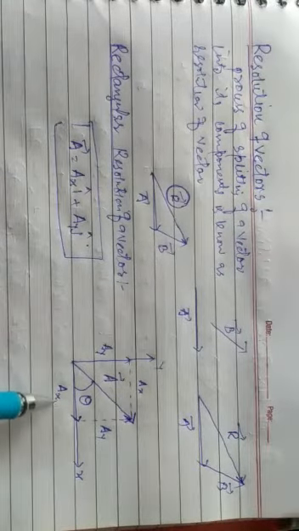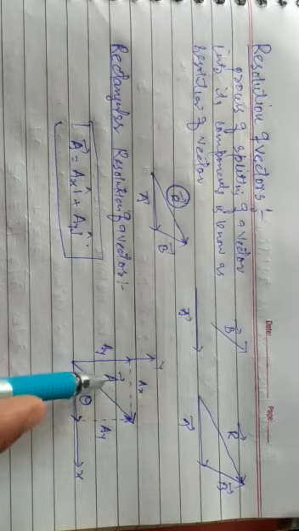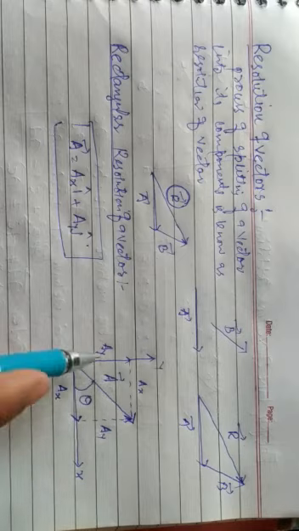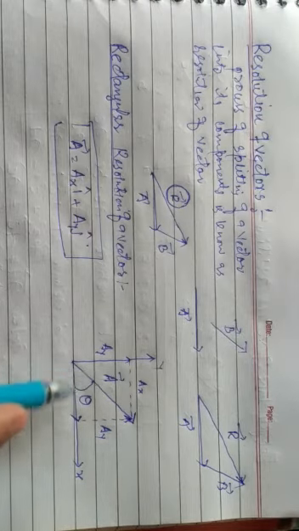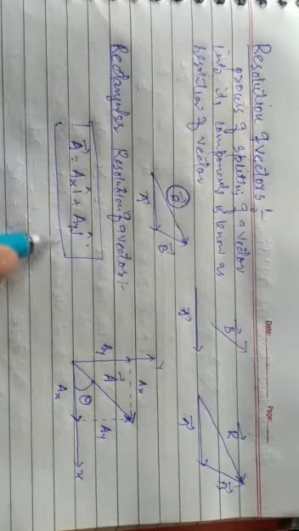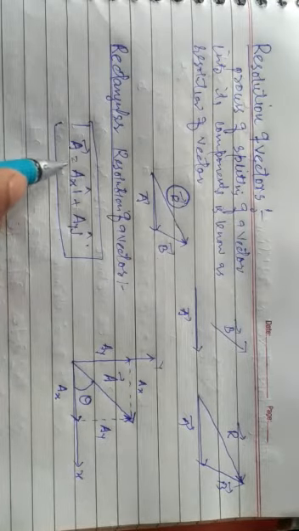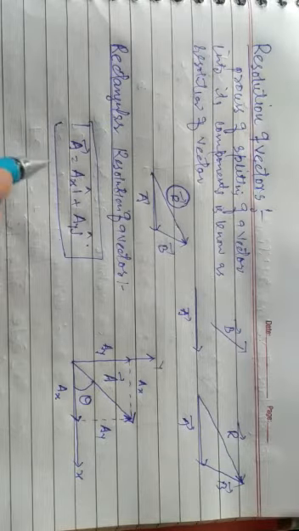In its components here, a_x is the magnitude of vector a along the x-axis, and a_y is the magnitude of the component of vector a along the y-axis. So completely we can say vector a is a_x i plus a_y j.